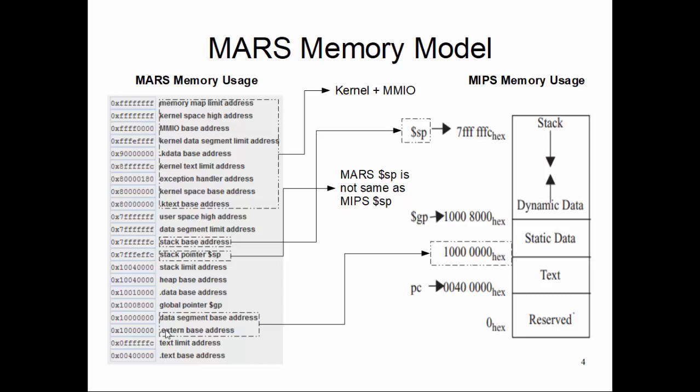Your global pointer is pointing, as MIPS suggests, to 100,080,000 hex. So that's one thing.